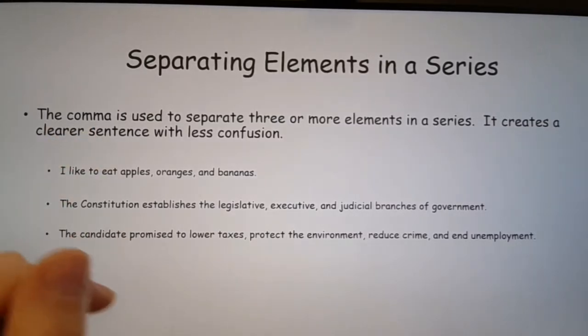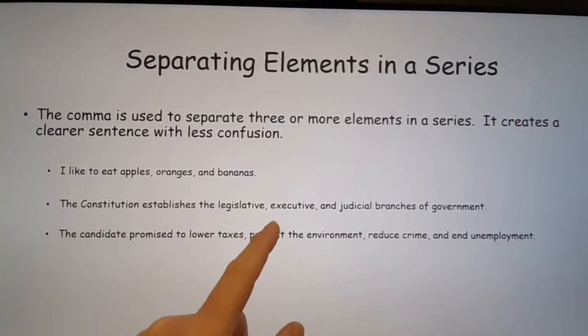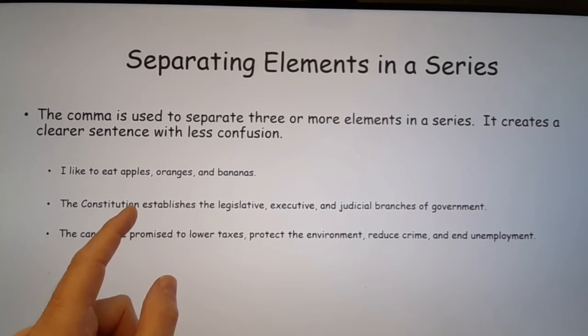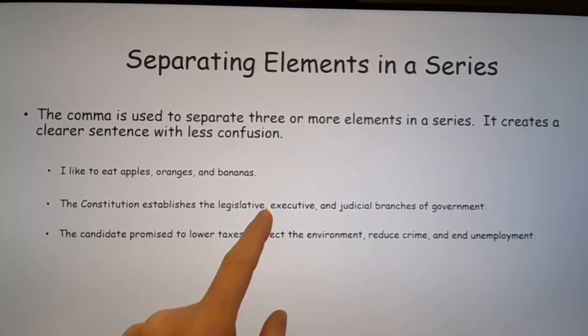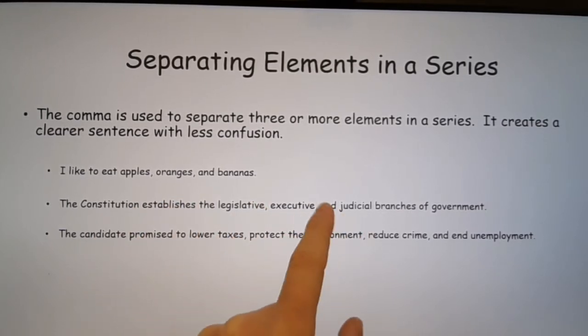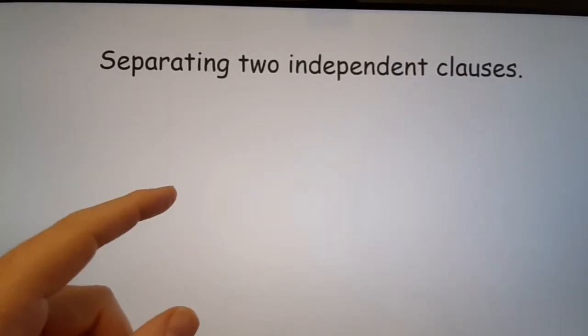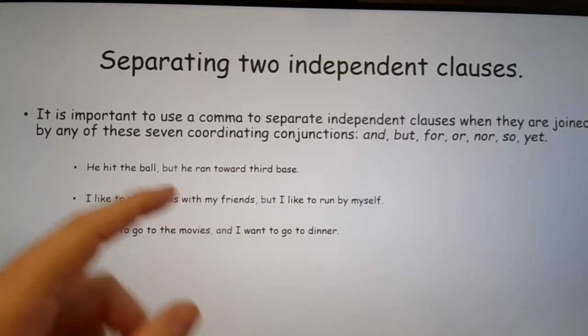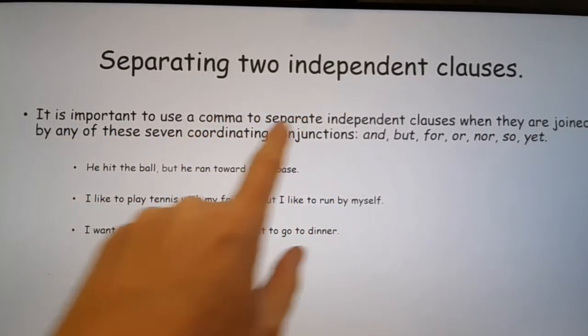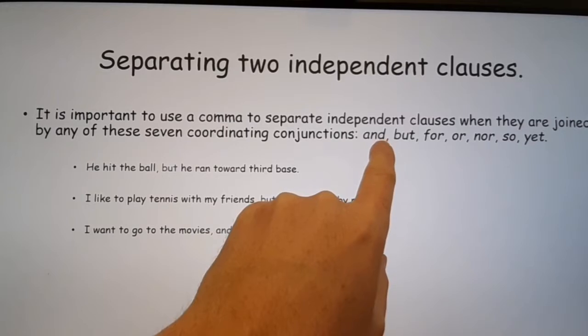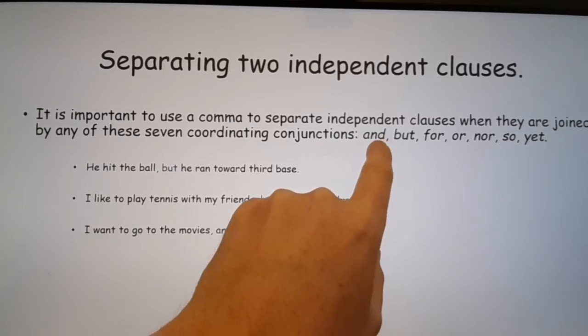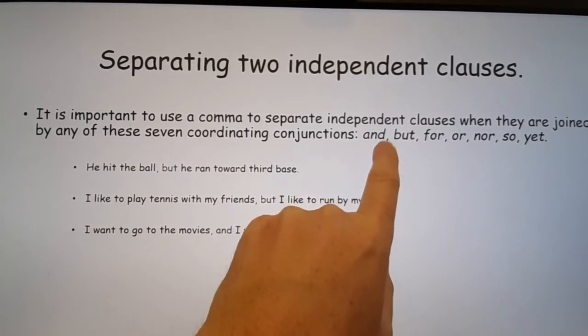The Constitution establishes the legislative, executive, and judicial branches of government. When we have two independent clauses, you need to have the comma for these conjunctions. I don't know how it's called in Slovak.